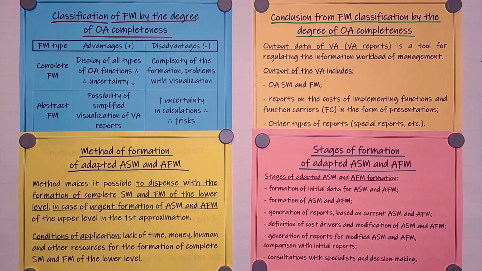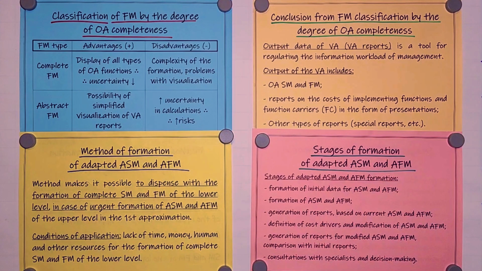And the last stage is making a management decision: continuation or completion of the project, or completion or continuation of commercial negotiations, carrying out cost reduction measures, and making appropriate changes to design and technological documentation.